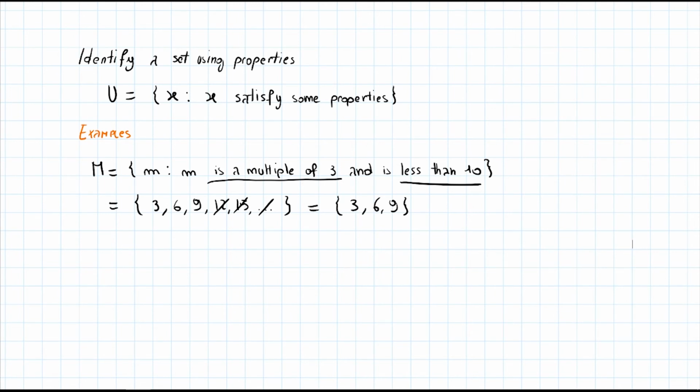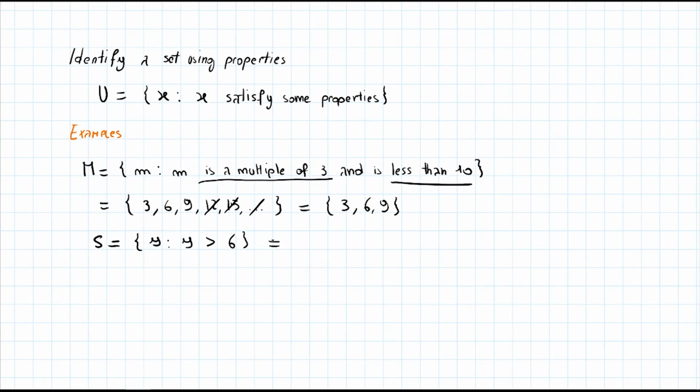In this way, it's possible to specify also sets with infinite elements, such as S, whose elements y are greater than 6. And this is the set 7, 8, 9, 10, and so on.